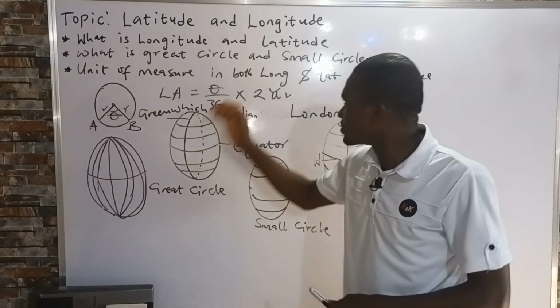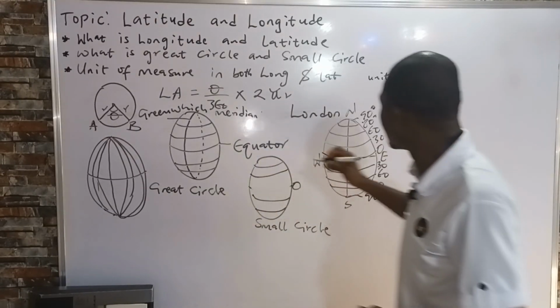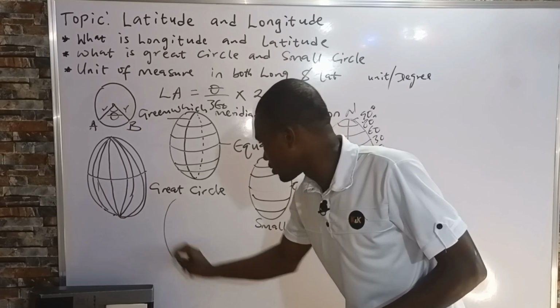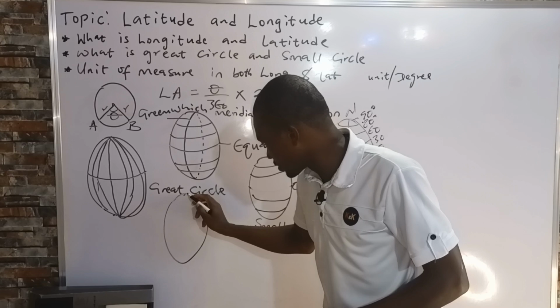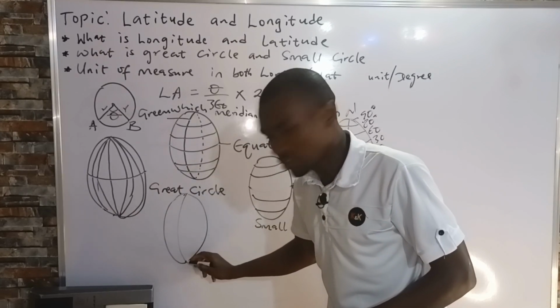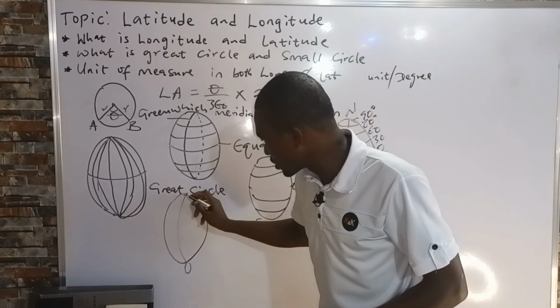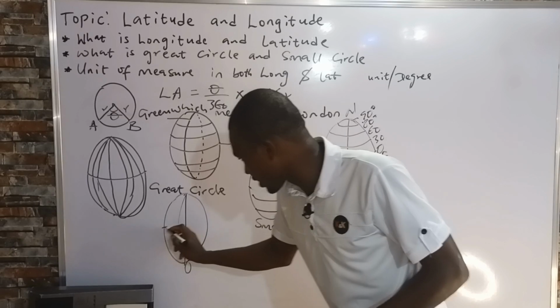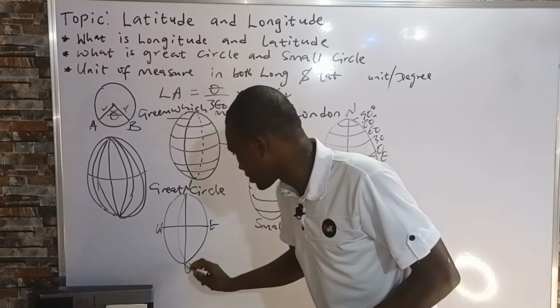Then what of longitude now? Longitude, let me redraw this here. These are longitude. The central one is usually 0. So we measure for longitude, let me identify this with 4 cardinal points: east, west, north, and south.